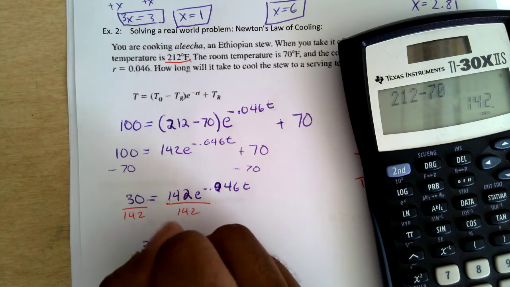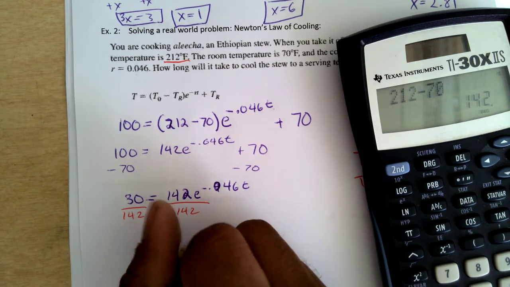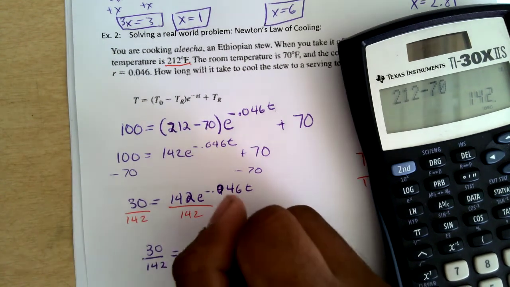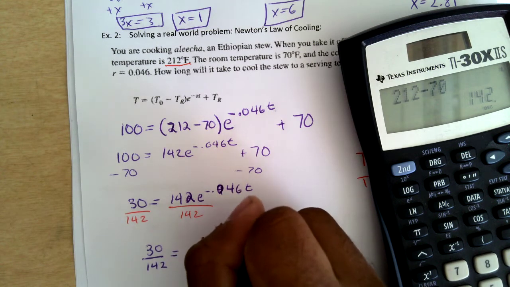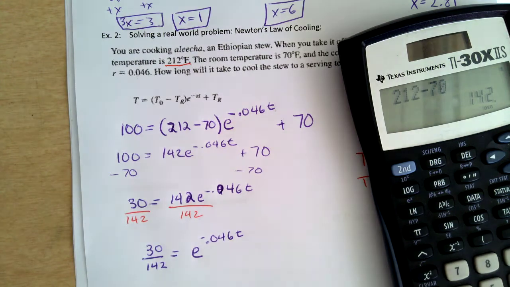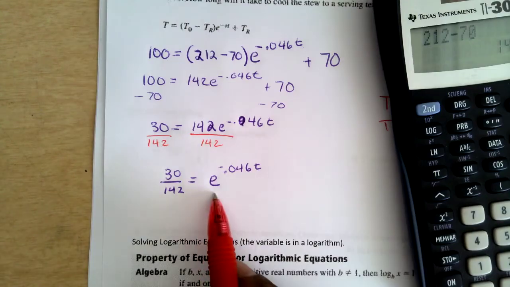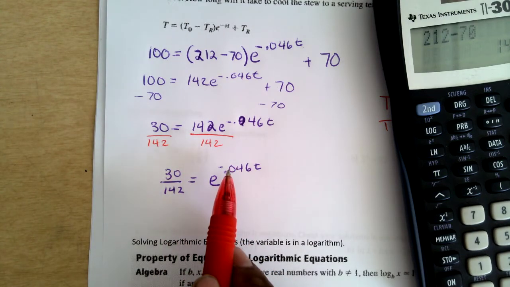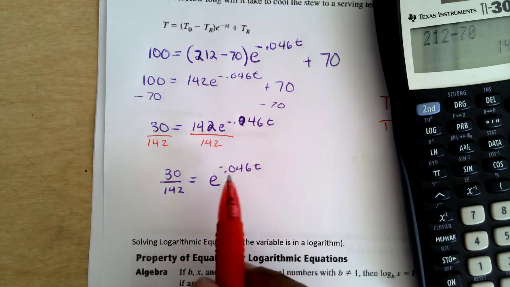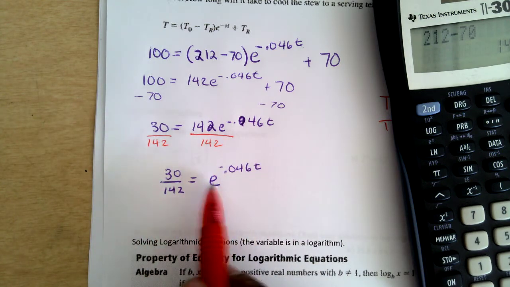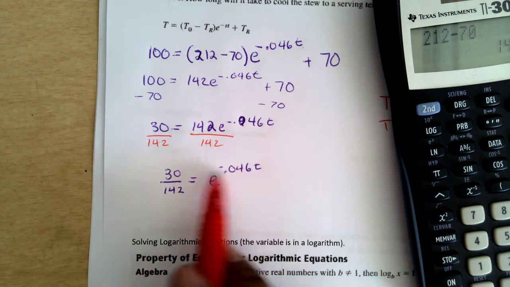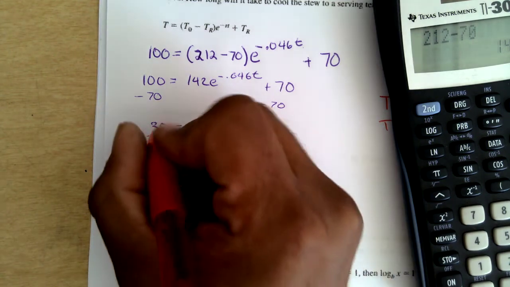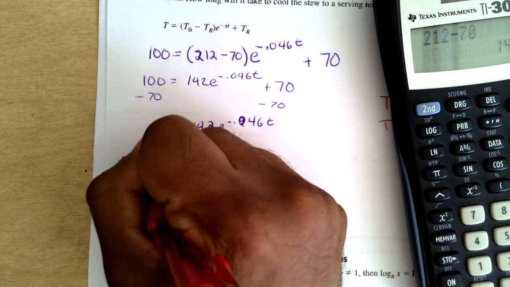What I've done so far is I really was trying to get e to the negative whatever, 0.046 t, by itself. What we know is that a logarithm, one way to think about it is if we want to get rid of this exponent variable to make sure that it's isolated, we're going to go ahead and take the natural log of both sides.